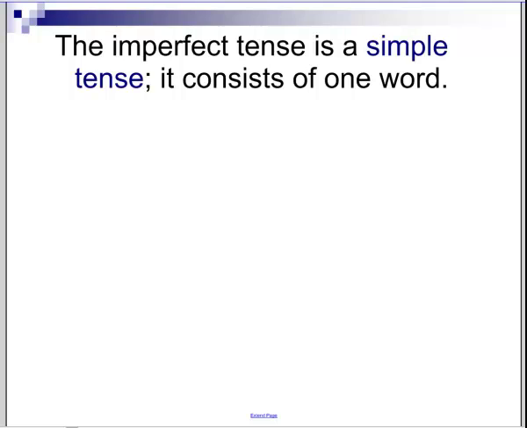The imperfect tense is a simple tense, which means when you take any verb and put it into the imparfait, it's just one word, unlike the passé composé, which has a helping verb and a past participle. In order to form the imparfait, you need the imperfect stem, and attached to that, a special ending, which is the imperfect ending.